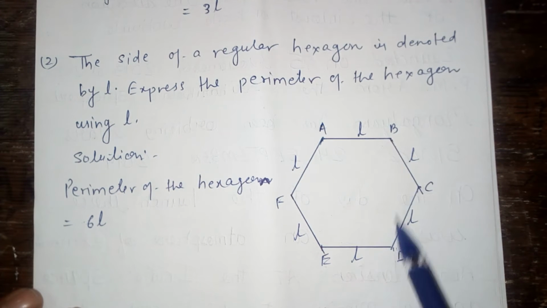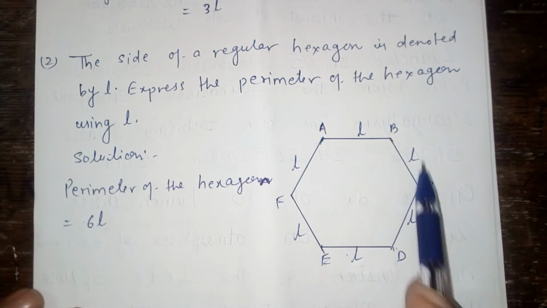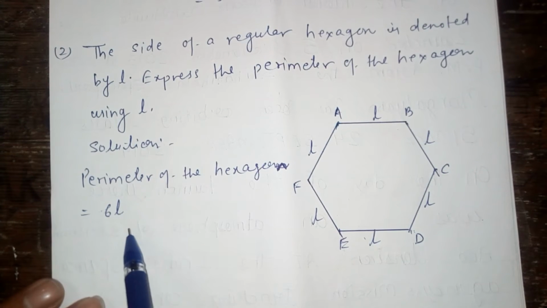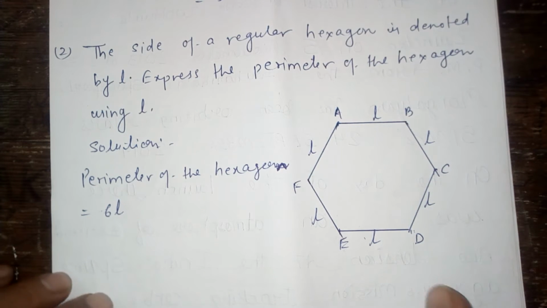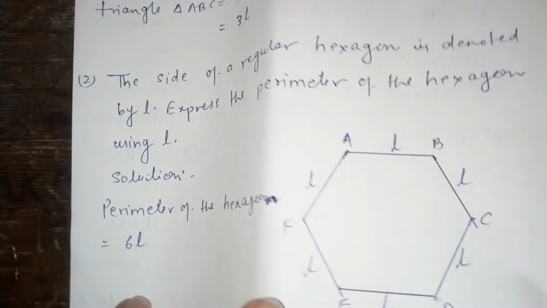There are how many L's? 1, 2, 3, 4, 5, 6. There are 6 L's. So the perimeter of the given hexagon will be 6L. 6L is your required answer.